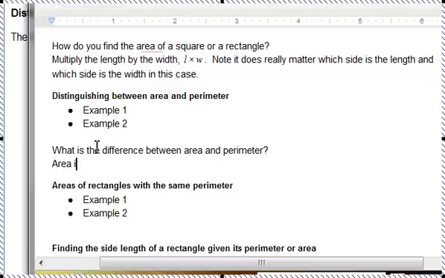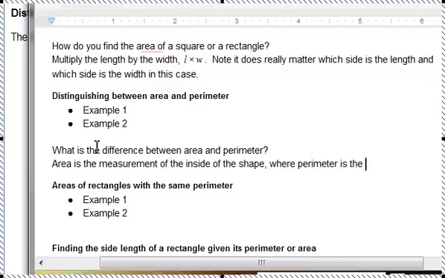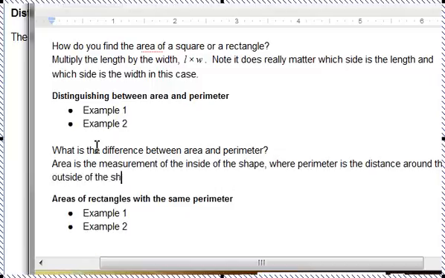Area is the measurement of the inside of the shape, where perimeter is the distance around the outside of the shape, or not the outside, but the edges of the shape. Does everyone kind of agree with that one? All right. I agree with you folks entirely.